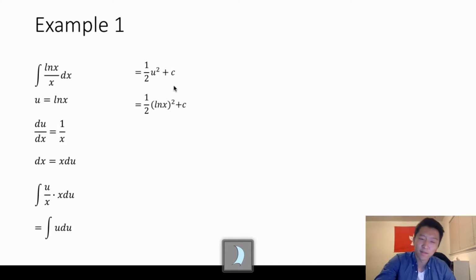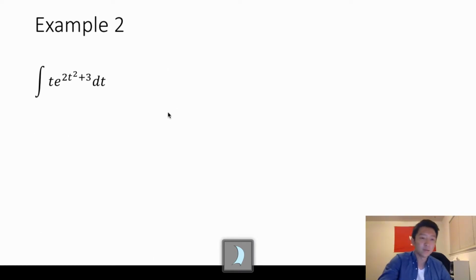Oh, sorry, that's not the final answer actually. I still have to substitute the u back into your function here. So we set u to be ln x. So actually, the final answer here should be half ln x squared plus c.